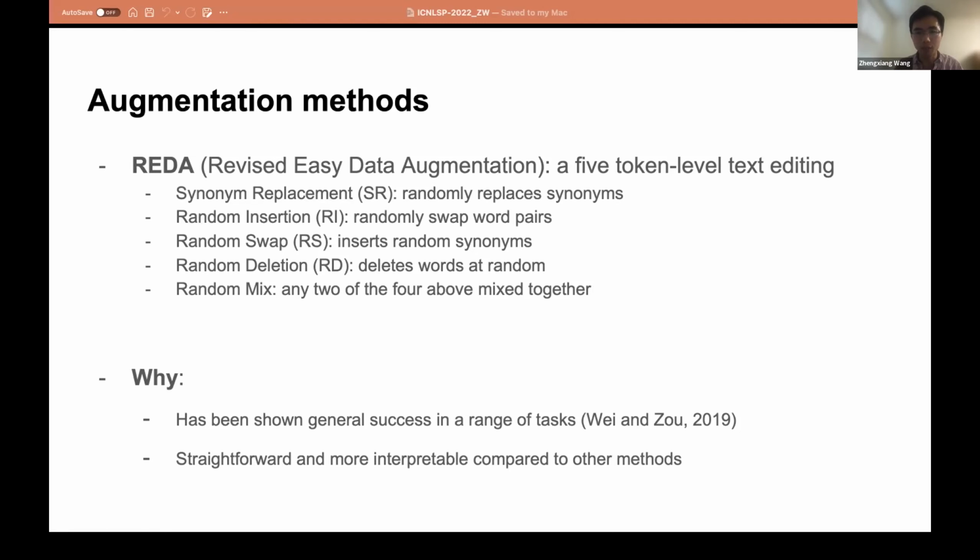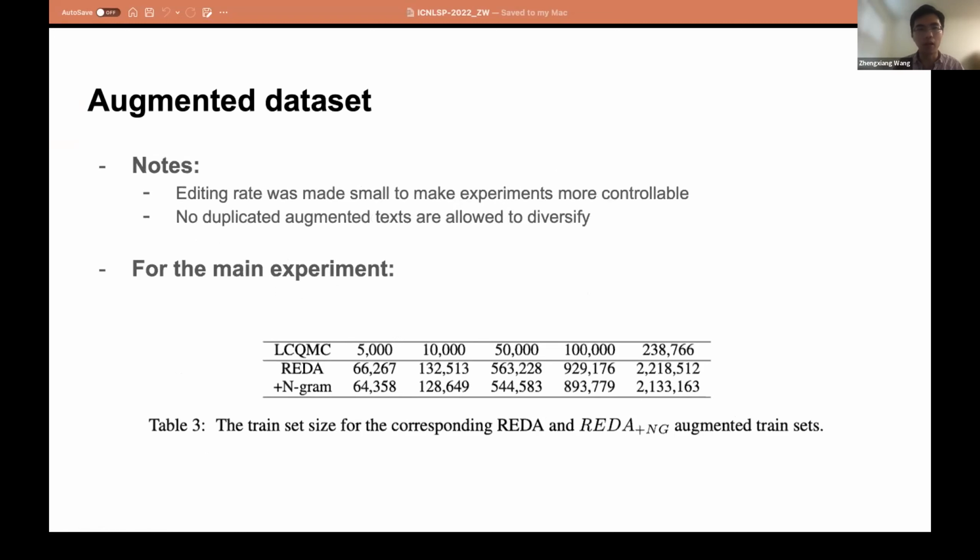It has been shown by the authors that these techniques could be universal, so I also would like to evaluate whether they are universal or not. And because it's easy, it's also very straightforward and more interpretable compared to other methods like back translation or other neural network based methods.